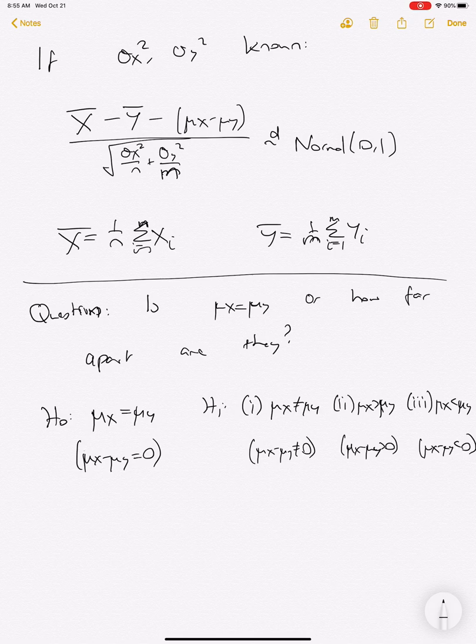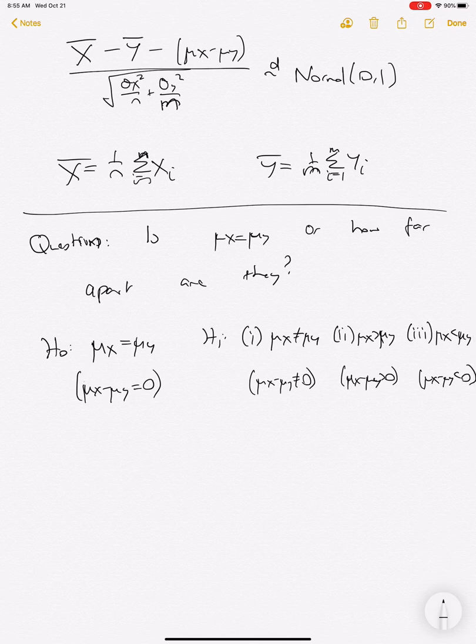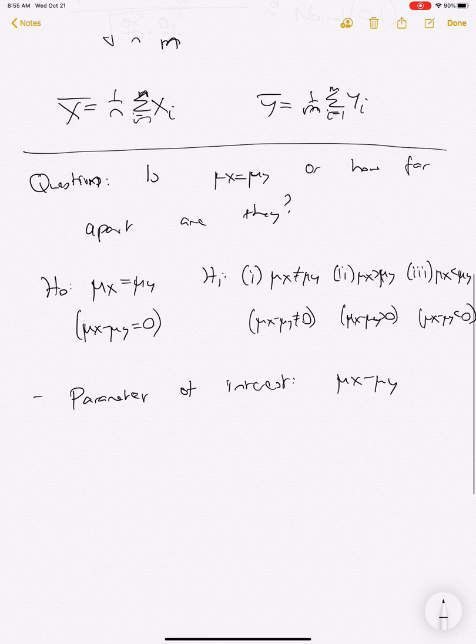Great. So the way to think about it is that the parameter of interest here is the difference, mu x minus mu y, and then the statistic or estimator is x bar minus y bar.